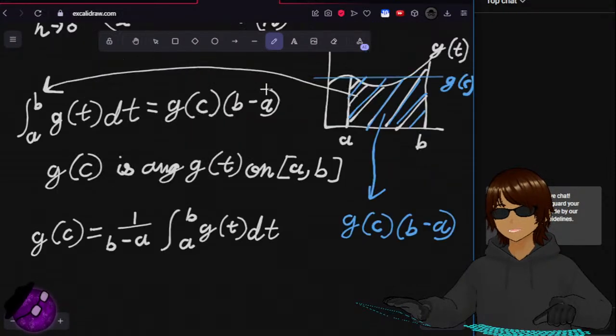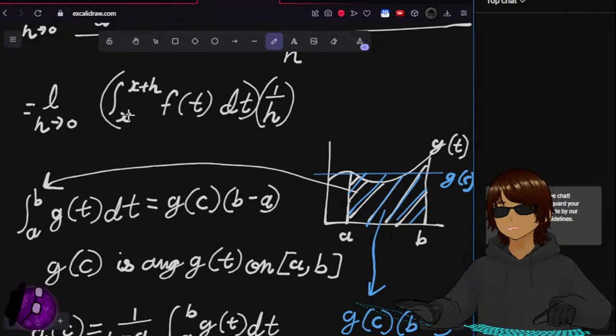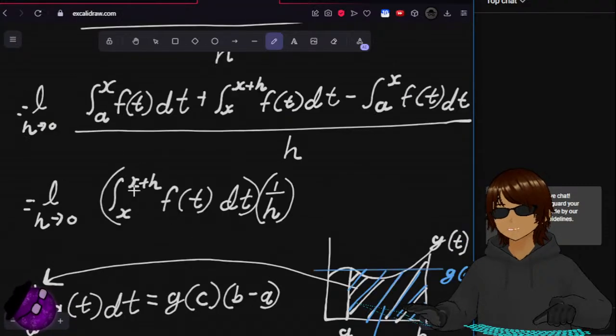This basically means g of c is equal to the area under the curve divided by the interval, which is b minus a.